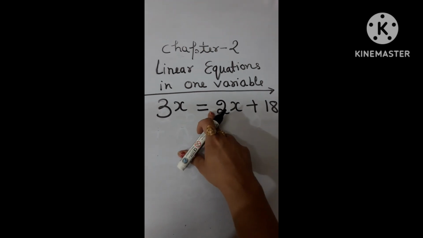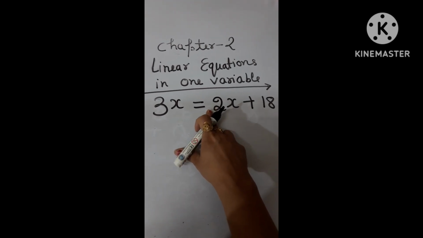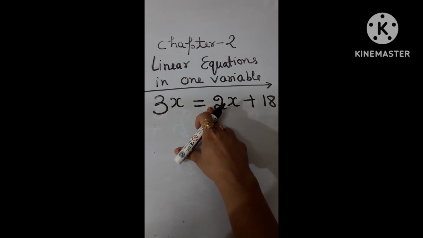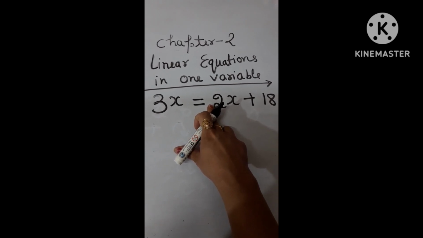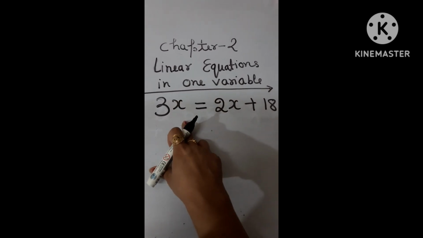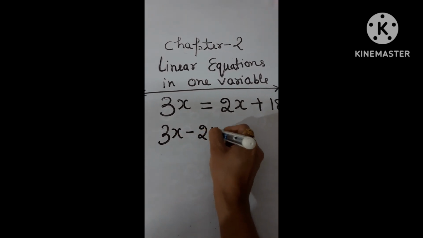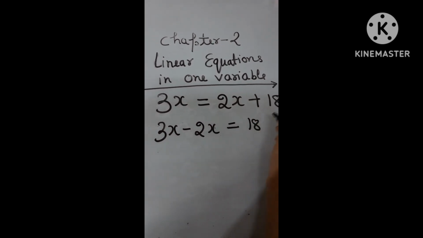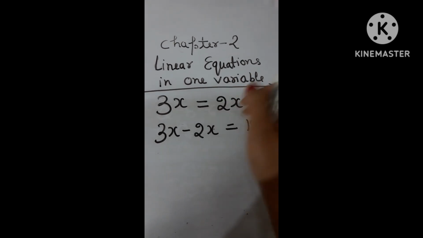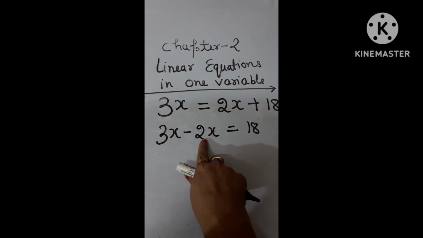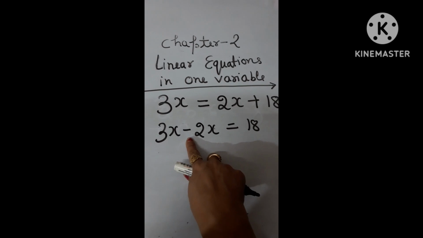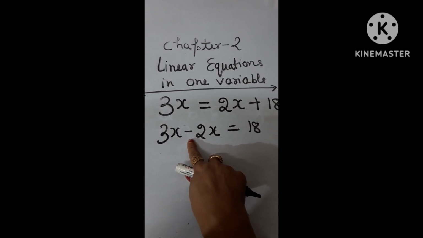If you can see here, the sign of 2x is plus. If no sign is there before the value, it will be assumed as plus only. So if I want to change this side, now the plus will change into minus. So I will write here 3x minus 2x is equal to 18. Why? Because I have changed the side of the 2x. Now the 2x will become minus 2x.